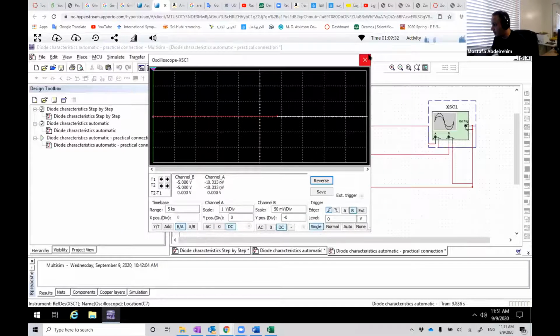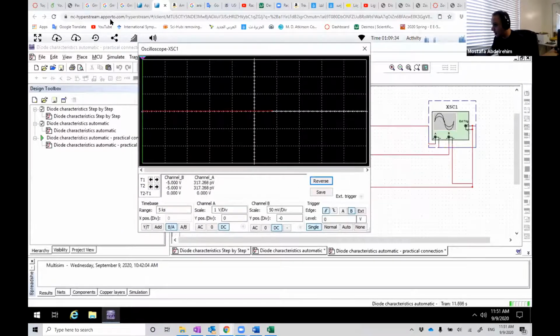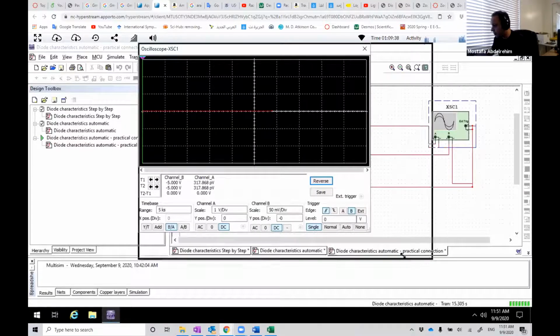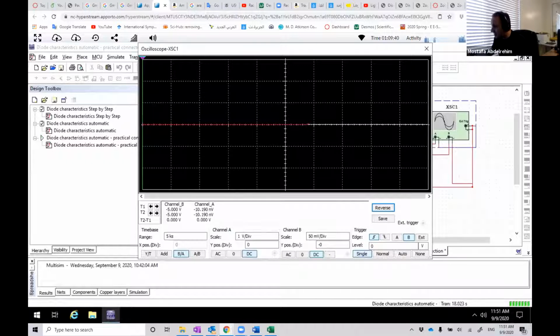Let's increase it more. Here the curve is just starting to climb up, so we just need to decrease the scale.